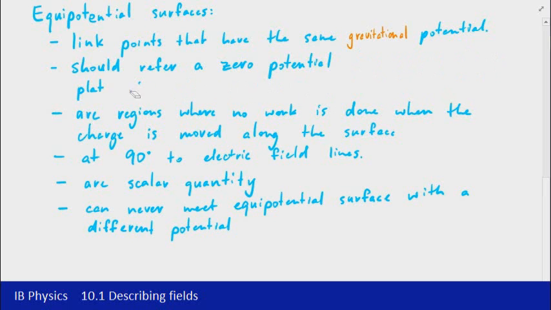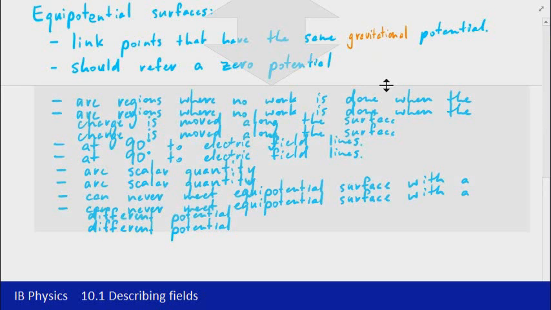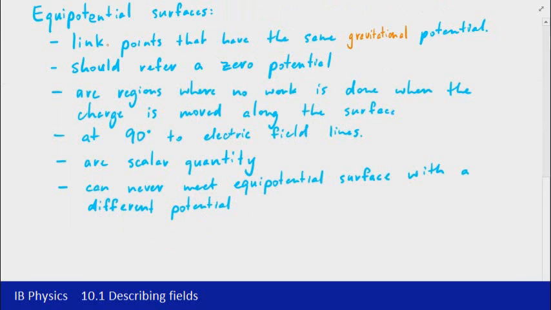We're just going to remove that, and we'll talk about what the zero potential is for gravitational fields later, not necessarily at this point. The next point is that regions where no work is done is when the charge is moving along the surface. Now for gravitational fields, we're looking at mass moving along the surface. The equipotential surfaces are at 90 degrees to electric field lines.